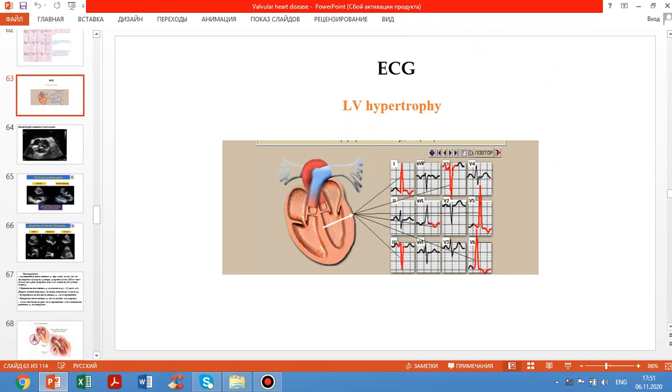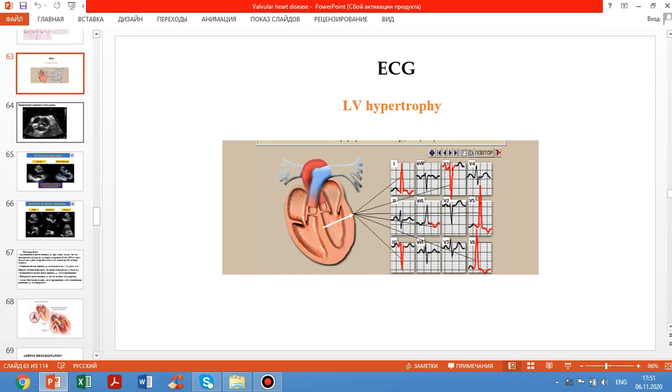There are also signs of left ventricular hypertrophy in the first leads, in leads V5 and V6: high R waves and negative T waves. Also, in this picture, in aVL, high R waves and negative T waves, and deep S waves in the third leads, in the V1 leads also.